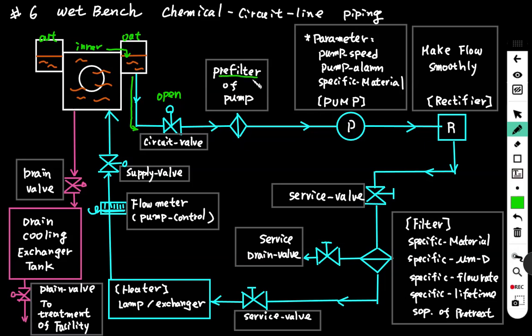This pre-filter is to filter the big particles inside the chemical solution, to avoid the big particles affecting or even damaging the pump. So this pre-filter of the pump is very important to protect the pump.